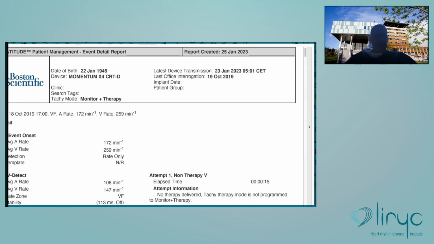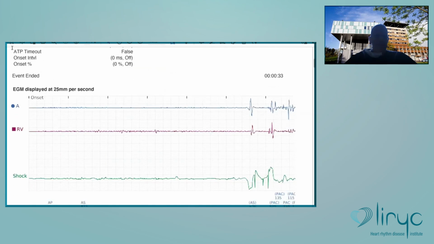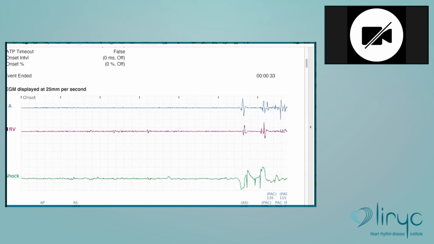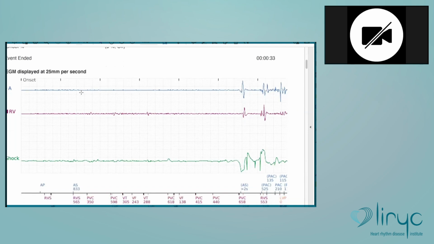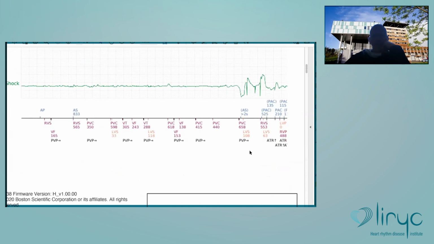Second tracing. What do you think here? Again, a biventricular ICD. So we don't see much at the beginning of the tracing. This part is quite similar to what we have seen just before.